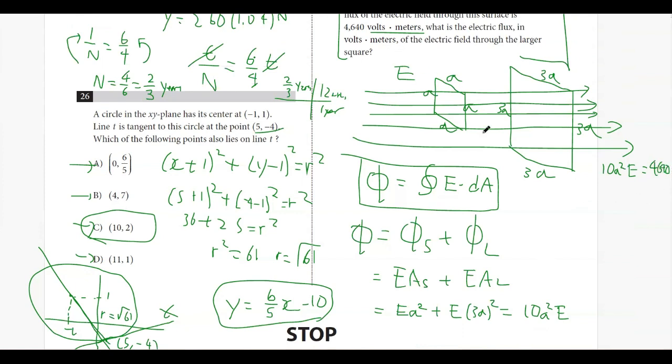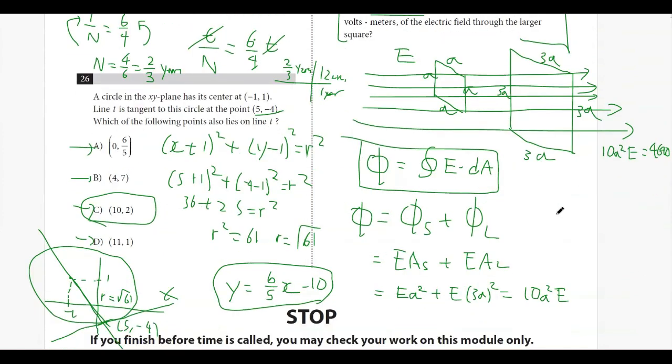And we know that E is 29, so I'm going to cancel out the 10s here so the zeros go away. 29 A squared is equal to 464. A squared is 16.